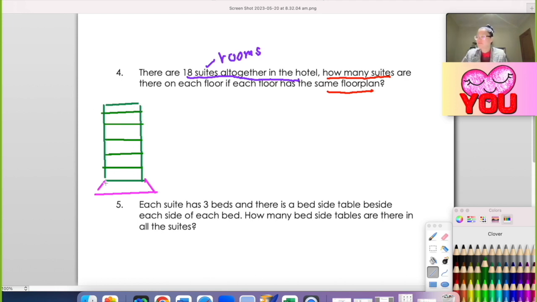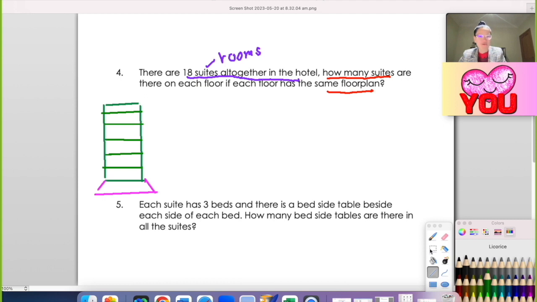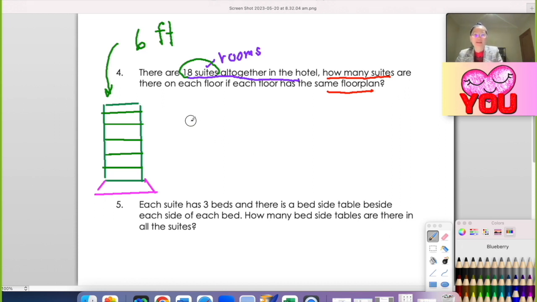It says 6 floors. Do you remember from the question before that our hotel has 6 floors? Can you write it down, guys? We have 6 floors together and 18 suites all together. So how many suites are on each floor? That means you have 18 and you have 6 floors. You have to divide it.